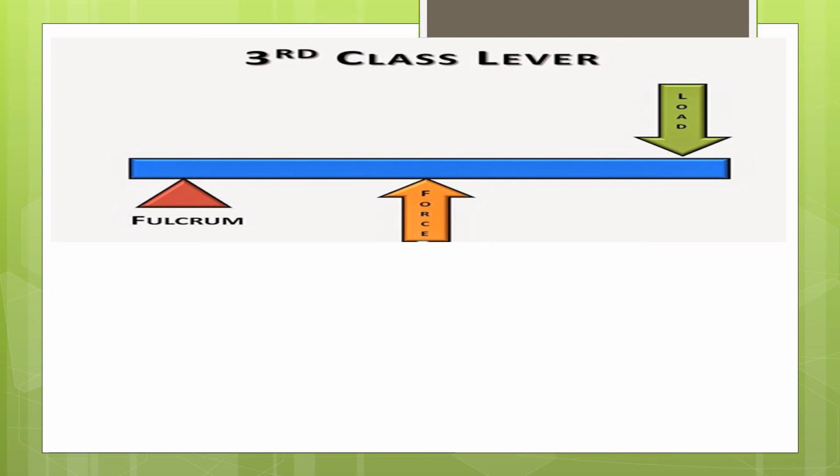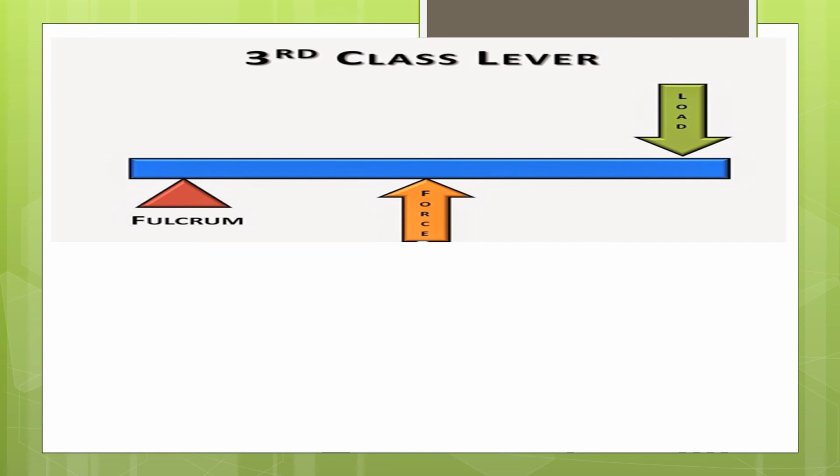And if we want to determine the effort arm and resistance arm, the effort force arm is the distance between the fulcrum and the effort force, which is a very small distance, while the resistance force arm is the distance between the fulcrum and the resistance force, which is the longest.